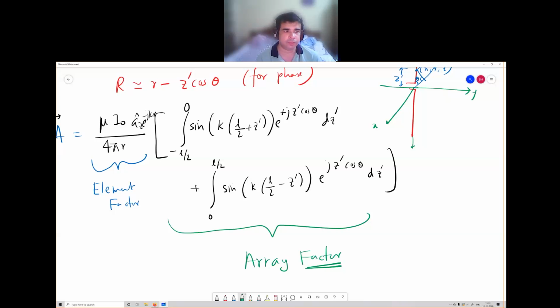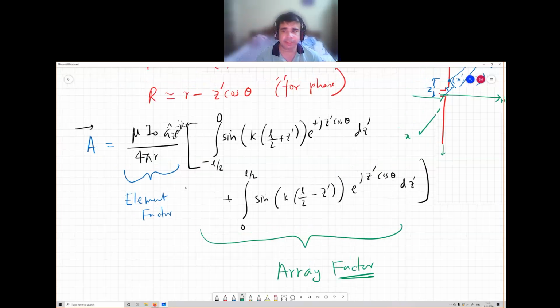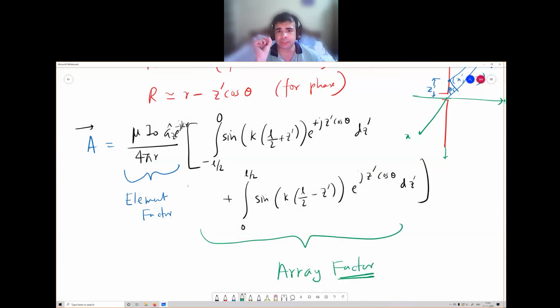This term is due to a very small portion of the current. This part is due to a very small portion of the antenna.